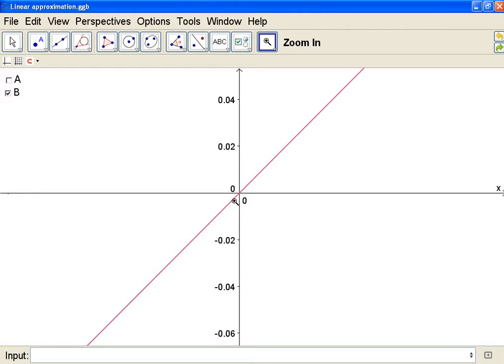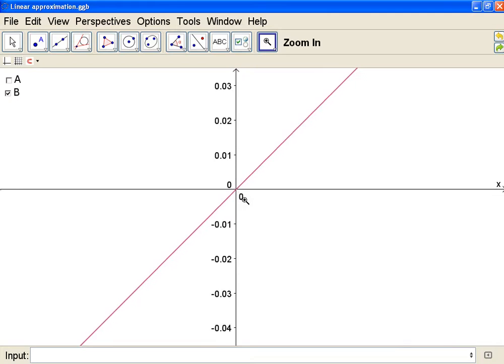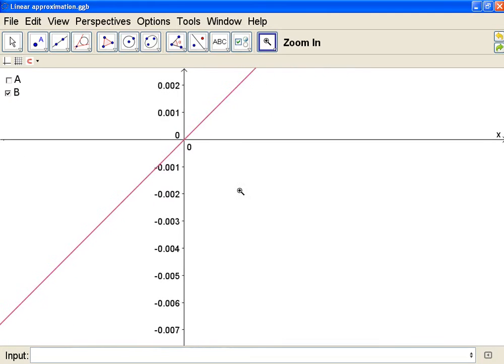When I start to move away from 0, are they going to be different? Yes. By how much? Small amounts. Very, very small amounts. In fact, I've already tried to do this earlier.